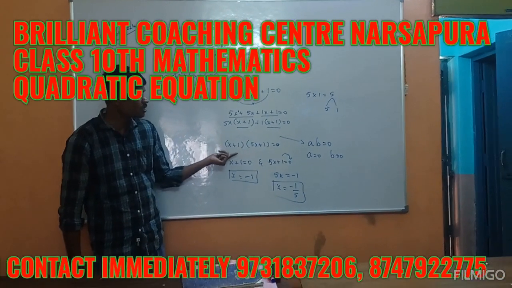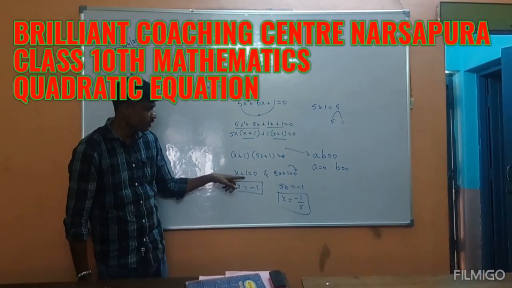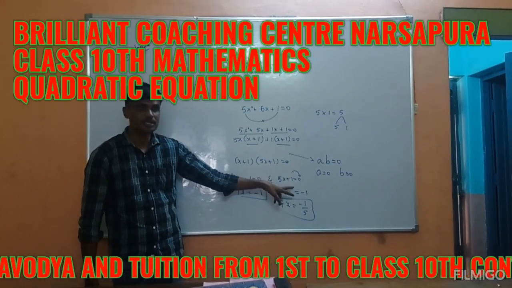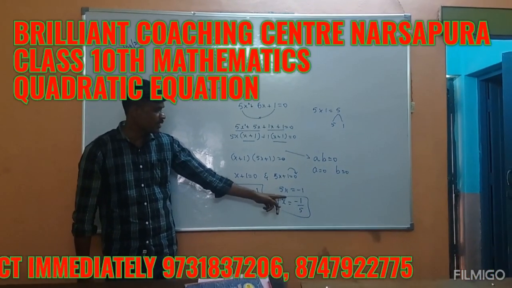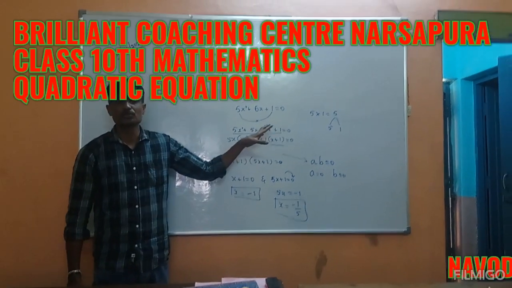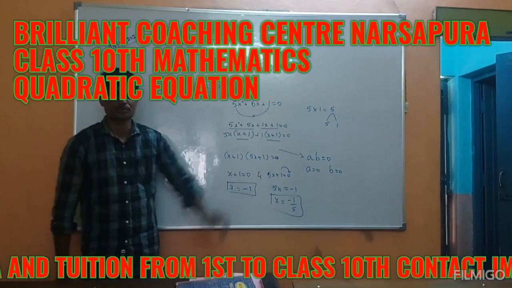Again take out x plus 1 as a common factor, remaining 5x plus 1. The final step is x plus 1 is equal to 0 and 5x plus 1 is equal to 0. Therefore x is equal to minus 1 and x is equal to minus 1 by 5. So a quadratic equation has two roots.